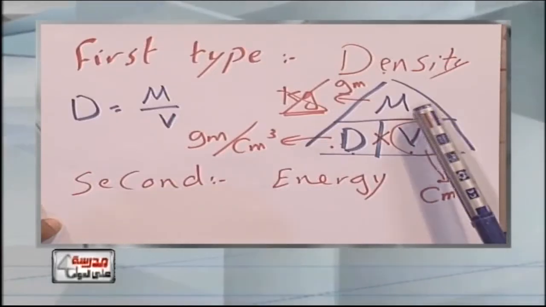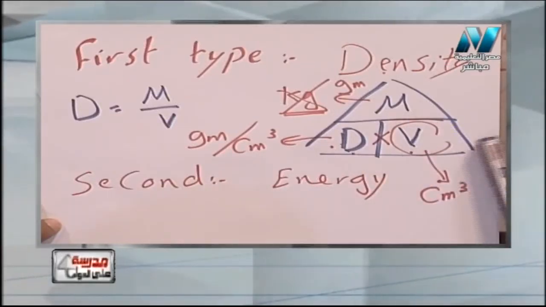We must make subtraction. 110 represents the volume of water and iron, minus the volume of water only, 100, so we get the volume of iron. And then we can get density by dividing mass over the volume that we get.